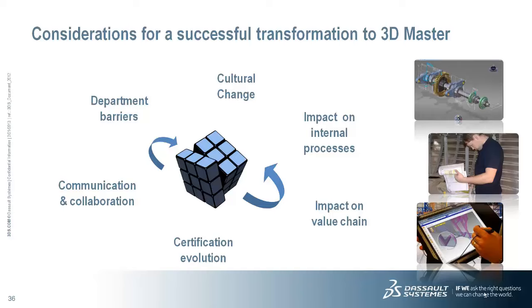And it's important to determine the objective and which phase to target initially, and to identify what changes are necessary, whether they be technology, process, or cultural, across the value chain. Dassault Systems consultants are skilled in what we call a business value assessment, which can assist in planning and achieving this transformation.